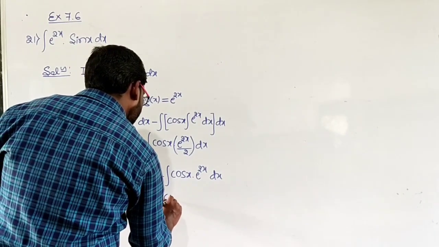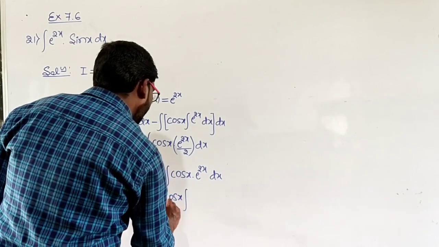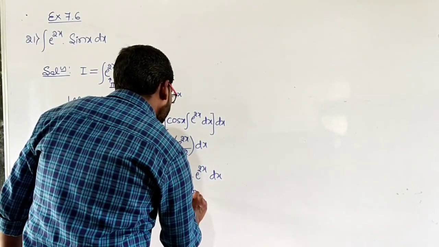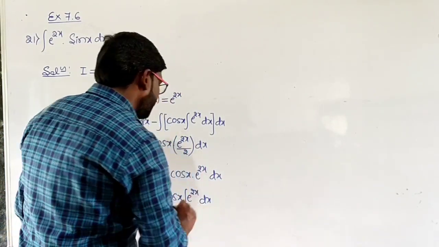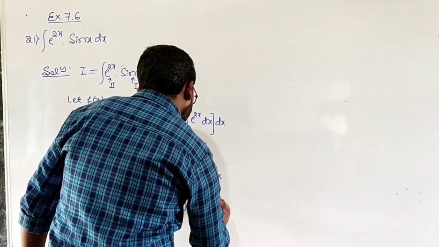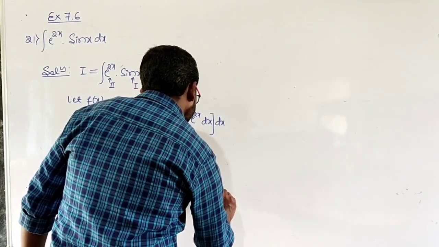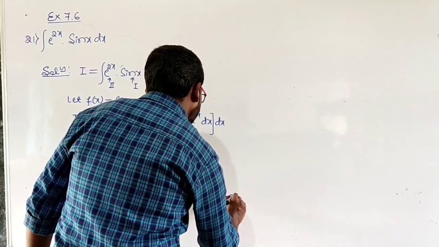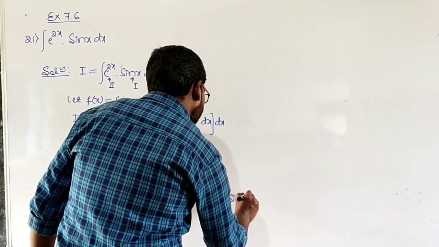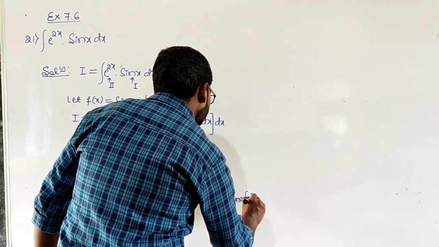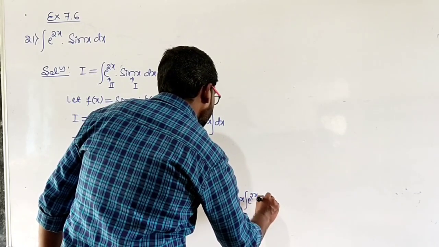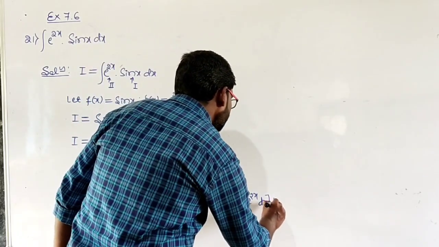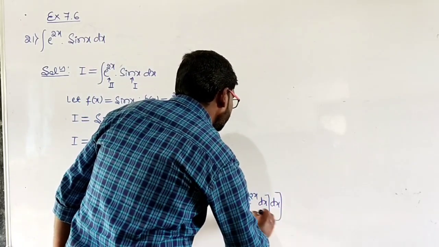Then first function, that is cos x, then the integral of the second function, e power 2x dx, then minus the integral of f dash of x, the derivative of cos x being minus sin x, then the integral of e power 2x dx. Close this bracket, write one more dx, and close the main bracket.